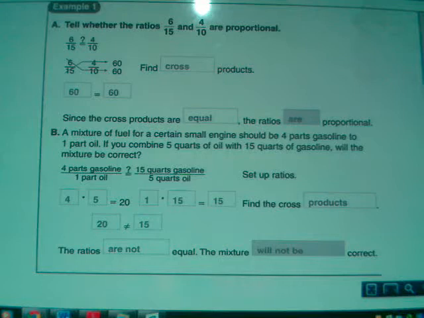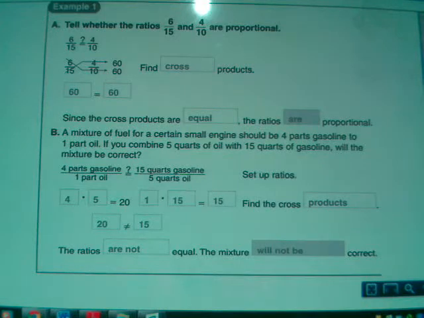If you want to write it like the second one, you've got to write the oil number first and then the gas number second. It doesn't matter which one you do, but you have to pick one and stick with it. So as you can see, in both of these ratios, the gas number is first and the oil number is second.